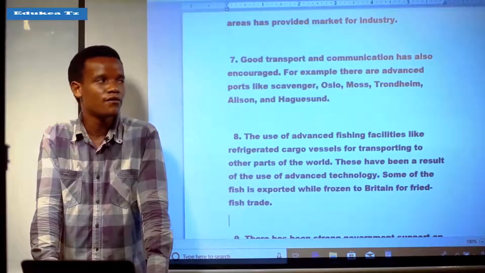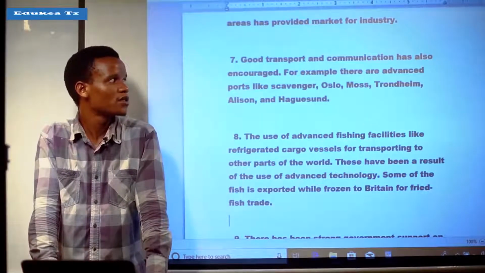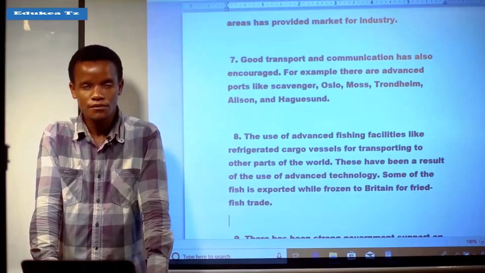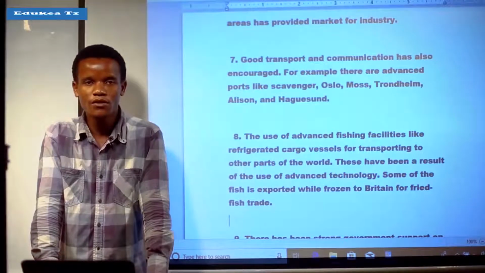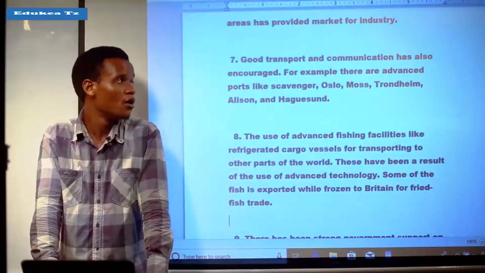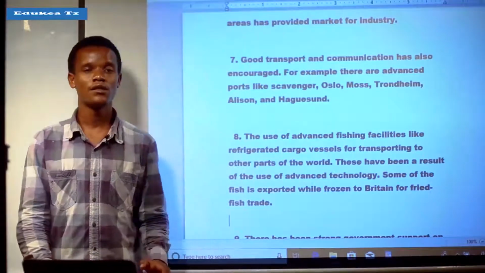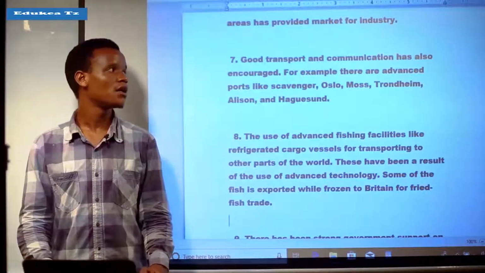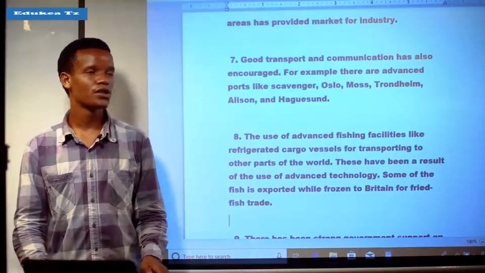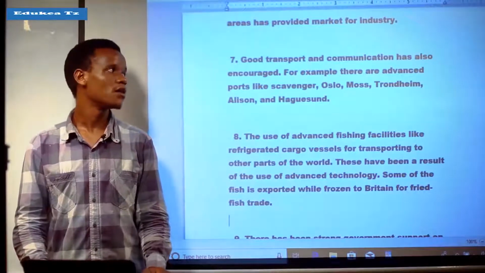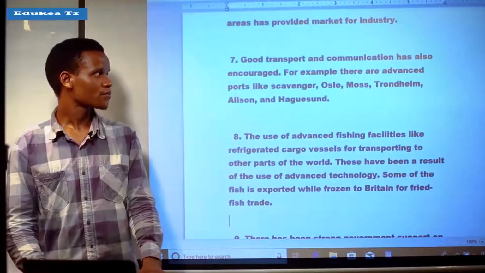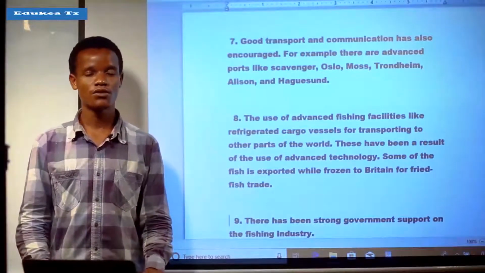Due to the well developed transport and communications, and due to the government of Norway encouraging their development, this automatically tends to facilitate the development of the fishing industry in the country.